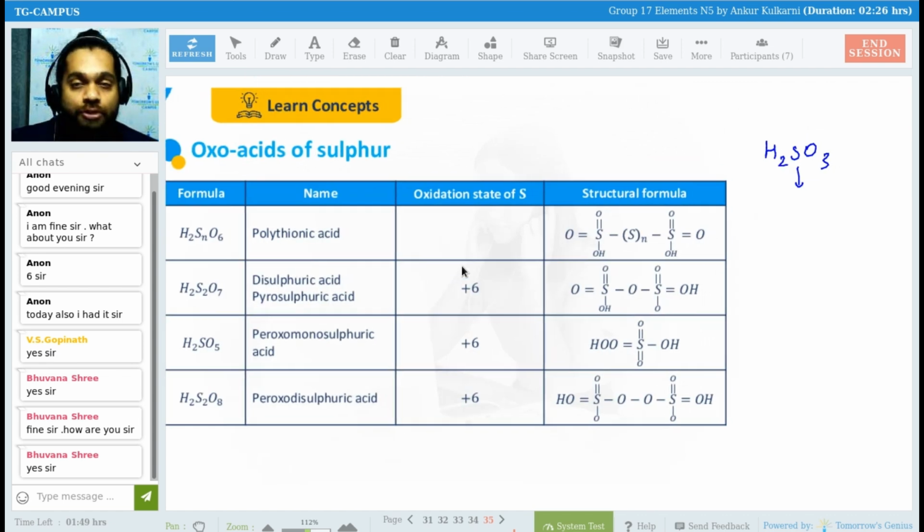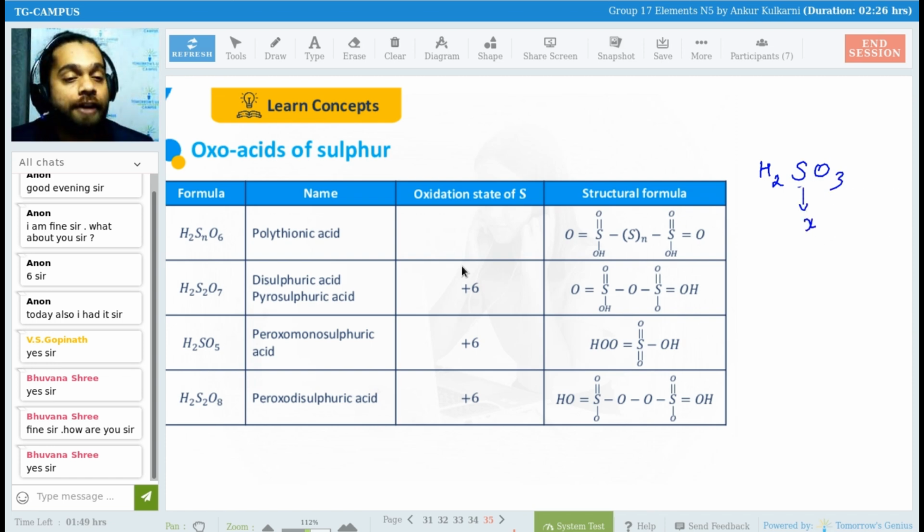So for H2SO3, I'll consider S as X. The charge on hydrogen is generally plus 1, and we have 2 H, so 2 plus X. Oxygen charge is minus 2, so 3 into minus 2 is minus 6, equal to 0.